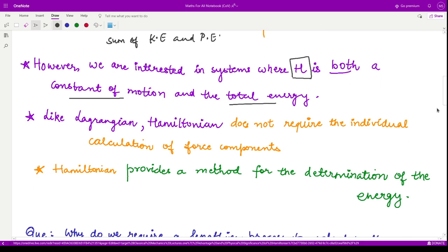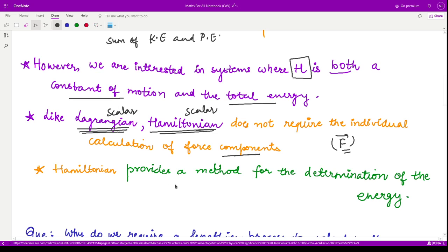Another thing is that the Hamiltonian does not require the individual calculation of force components, as we saw in the Lagrangian. So the Hamiltonian approach goes well with the Lagrangian approach. We are building onto the Hamiltonian approach using the Lagrangian approach, where we have eliminated the use of all forces and vector quantities. This is also a scalar quantity, just like the Lagrangian.